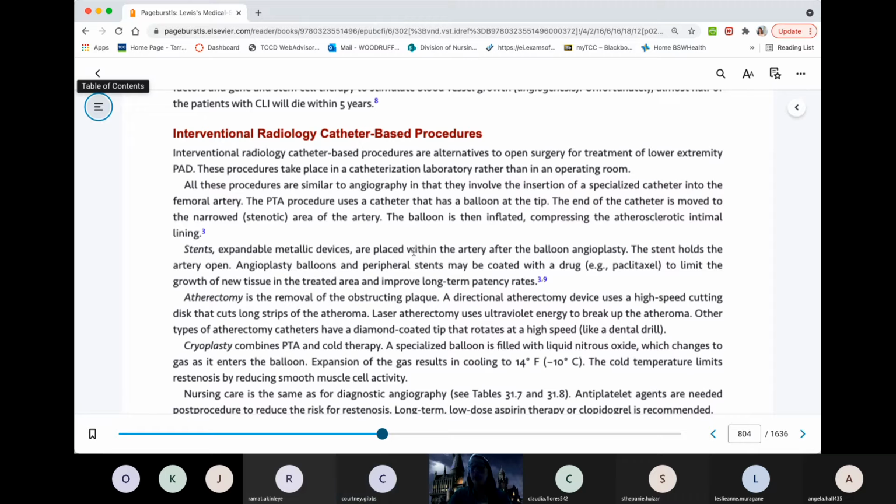Usually you want to put it in quotes, because if you just put peripheral artery disease, it's going to search for anything that has peripheral, artery, and disease. But if you put peripheral artery disease in quotes, then it will search for just stuff that has that whole phrase together as one. So you can do either, but you're going to find better luck if you search "peripheral artery disease" and "nursing" in quotes. Okay, so you do use both. Correct. Okay, thank you.